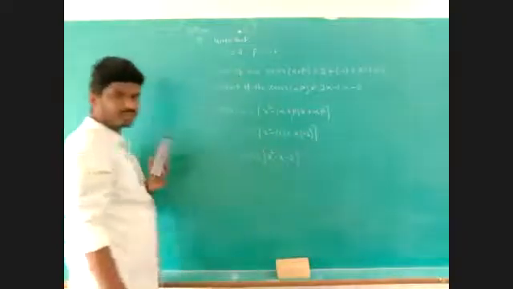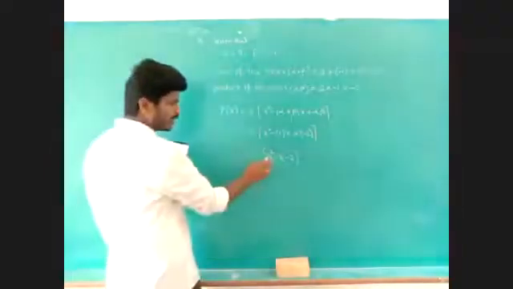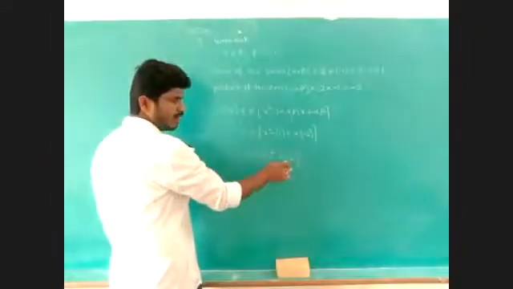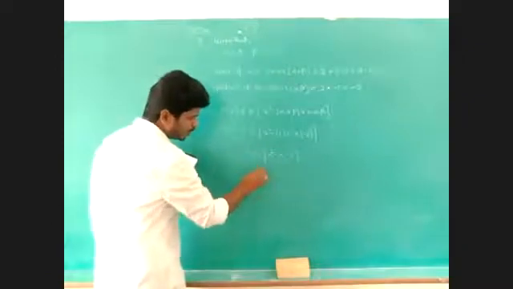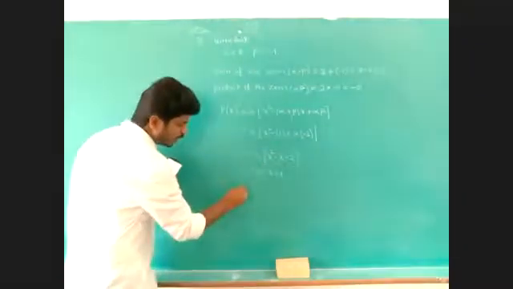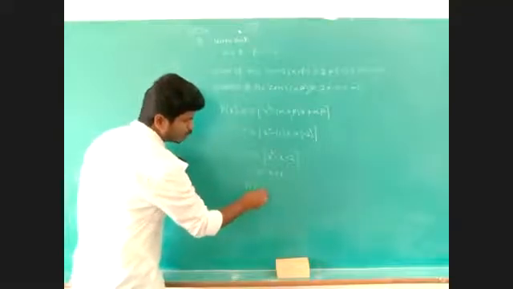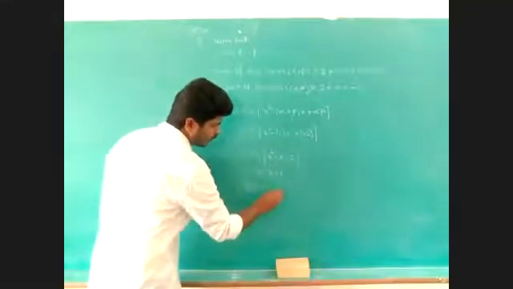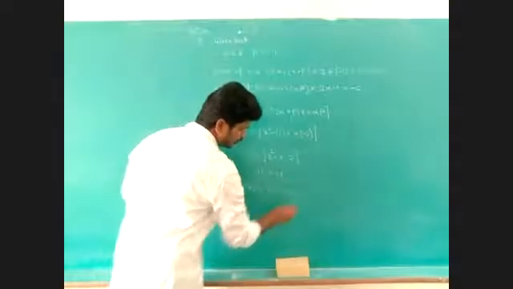Here the denominator is 1, so put k equal to 1. The required polynomial is p of x equal to 1 into x square minus x minus 2.